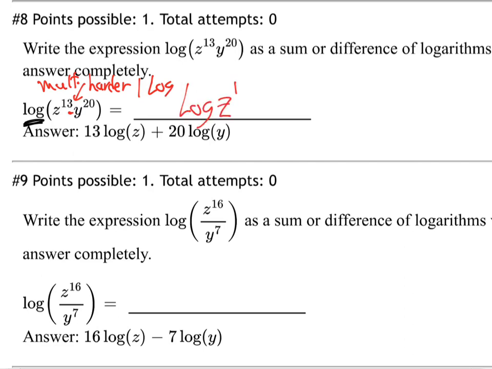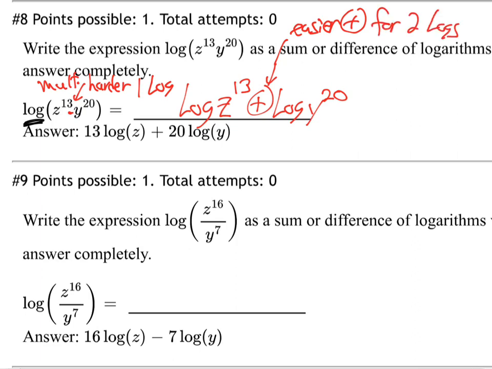Log z to the 13th plus log y to the 20th is going to make it easier, adding for two logs. So it's the easier operation for two people. And then you know what those powers do. So multiplying, a harder operation for one log, became adding, easier for two logs.